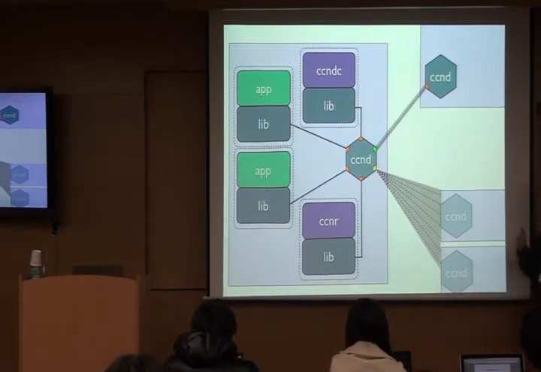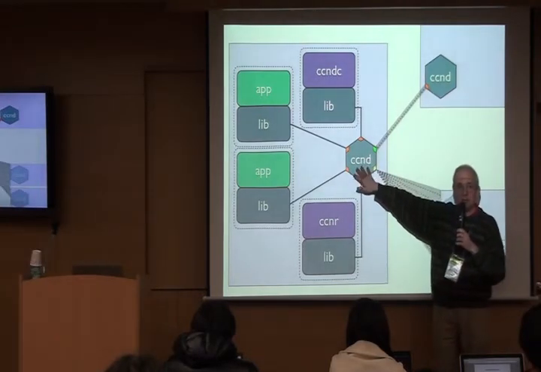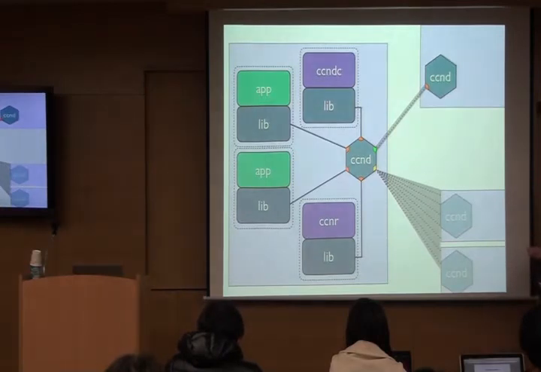Now, when we think about implementing the network, of course, the network has to have a way to do that, and that comes into populating the FIB so that the CCND has an idea of where to forward that interest that might find the data.